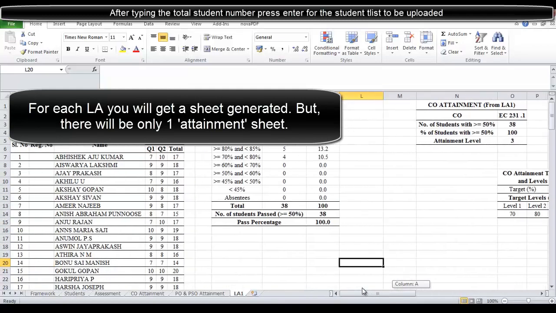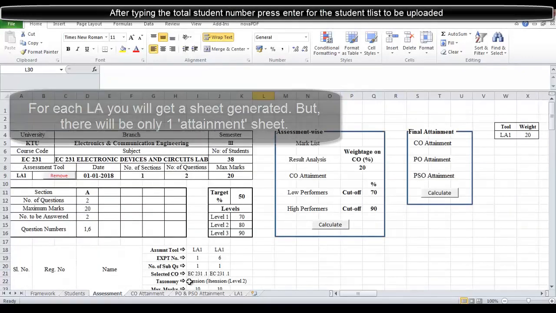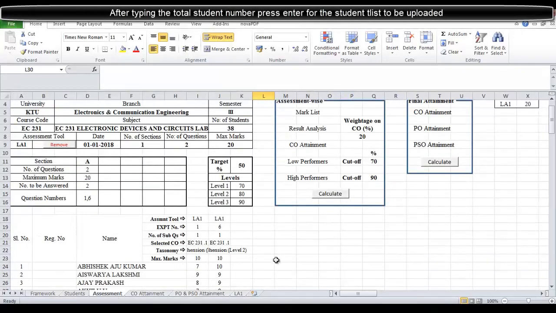So this is the one sheet for LA1. Like that we will have to do the assessment for all the 5 COs. So I will pause the video and I will straight away start after filling up all the LAs.